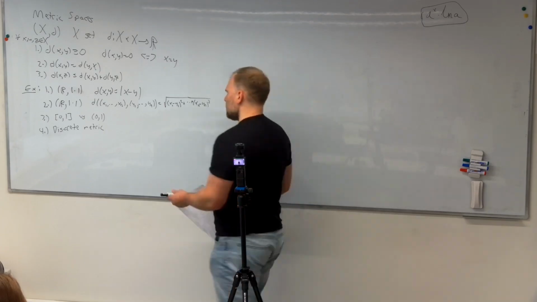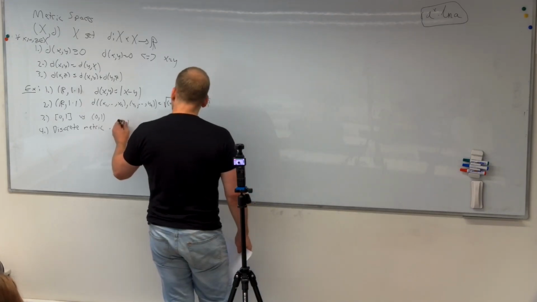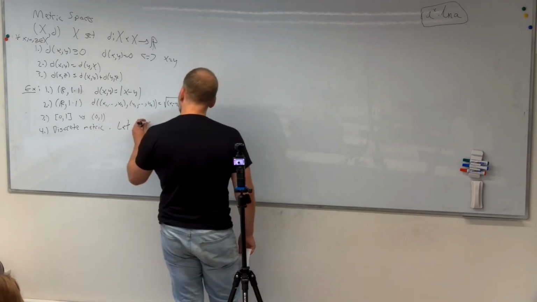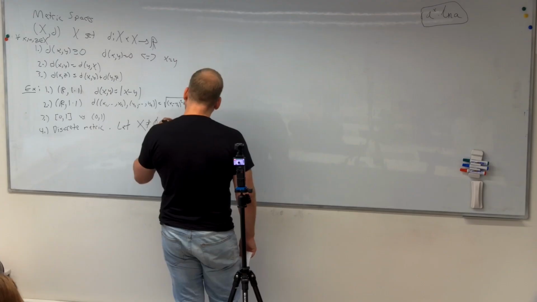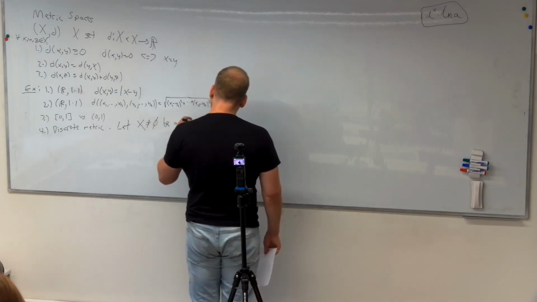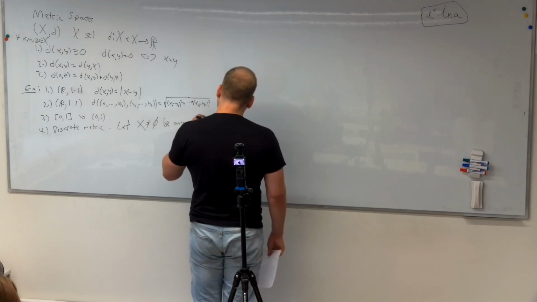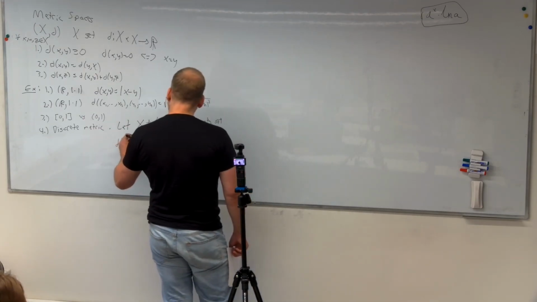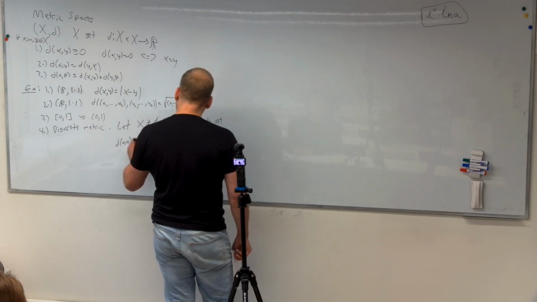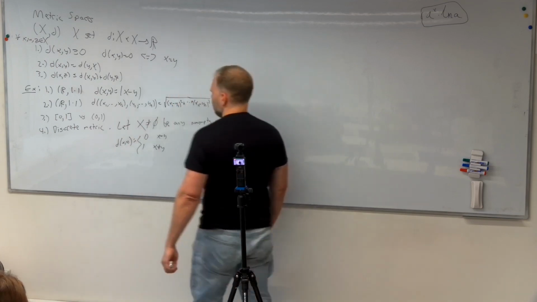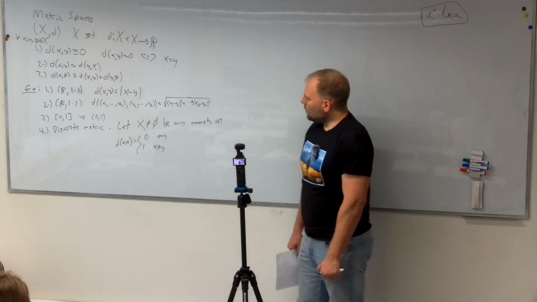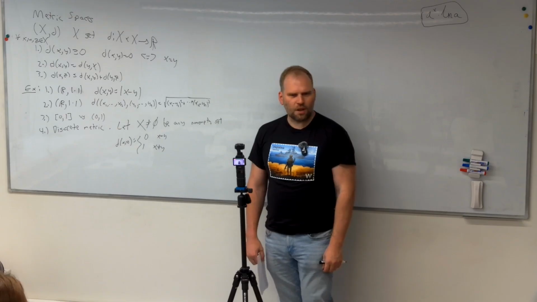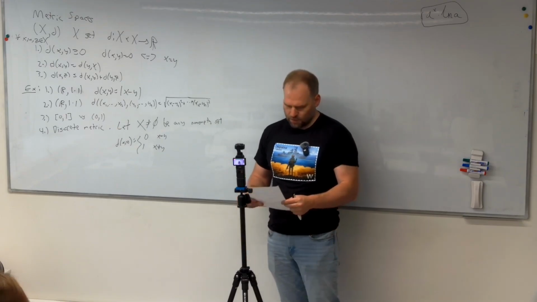So let X be any non-empty set, and we define D of xy as follows: 0 for x equal to y, and 1 for x not equal to y. So this is the first sort of abstract example, and there are many, many other examples. We'll mention some others that we care about.